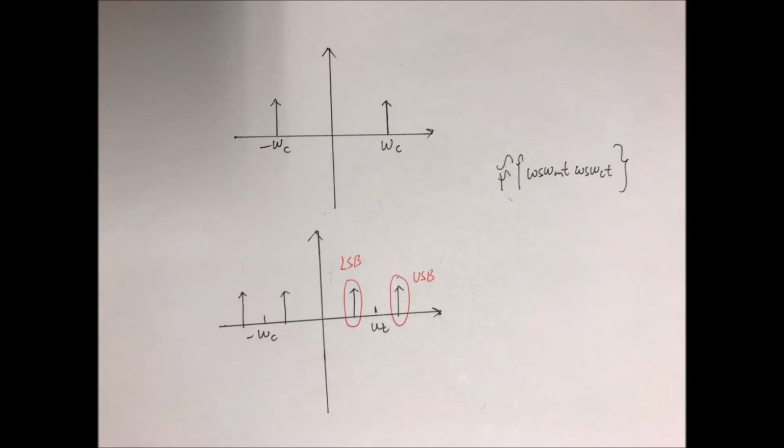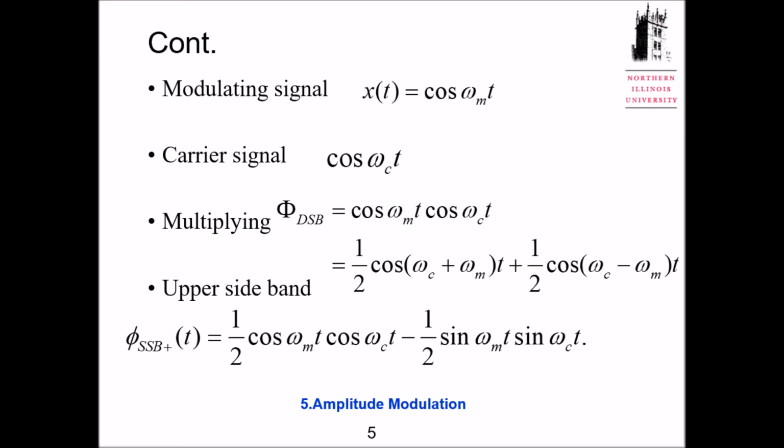Those two impulses are my upper sideband. Any problem? The second part in this equation is my lower sideband. In the slide, we use SSB plus for upper sideband and SSB minus for lower sideband.